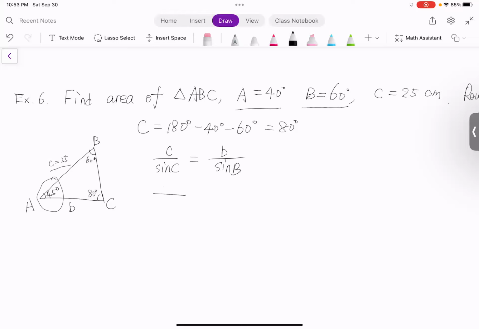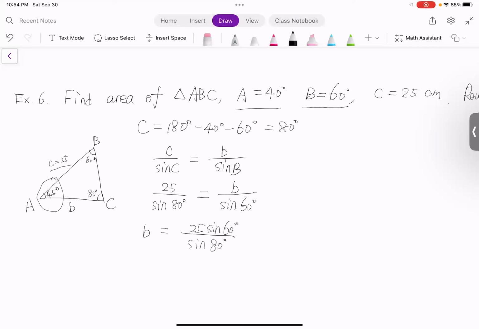So C is 25, and the sine C is sine 80 degree, equals B over sine B, B is 60. Then I can isolate the B. B equals 25 sine 60, all divided by sine 80 degree.